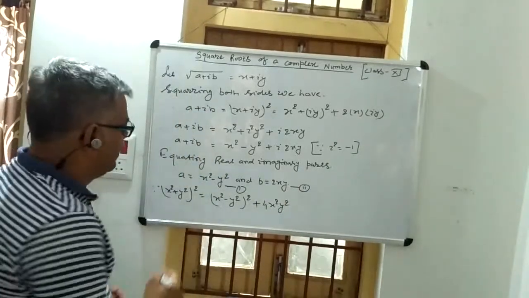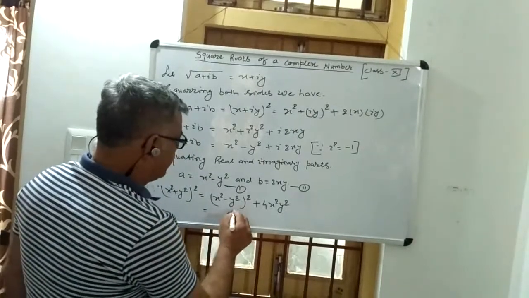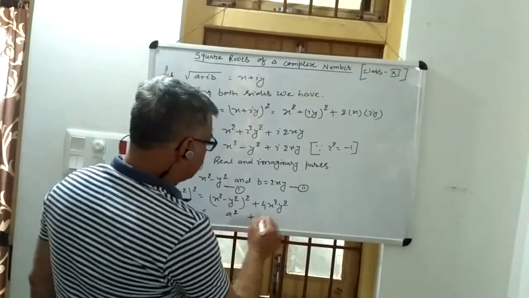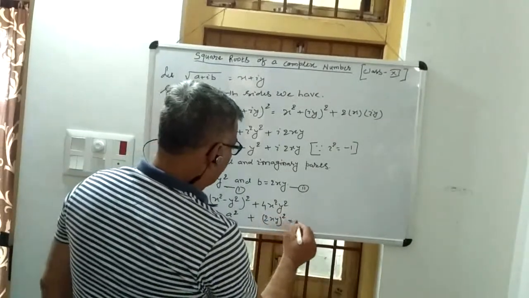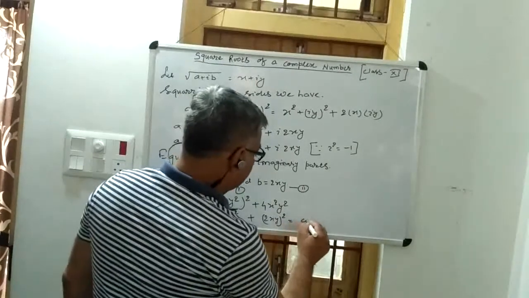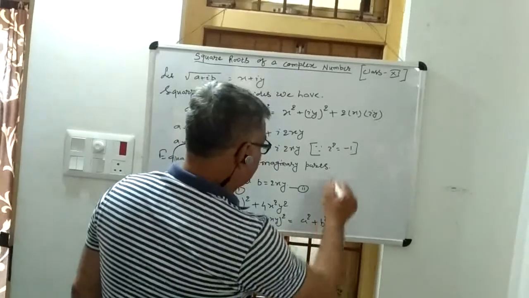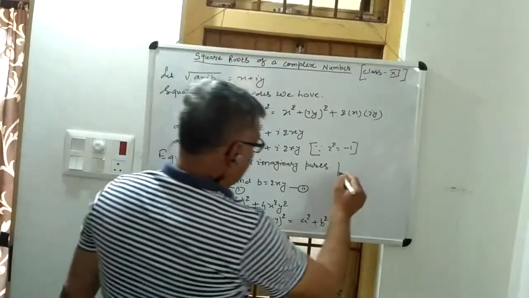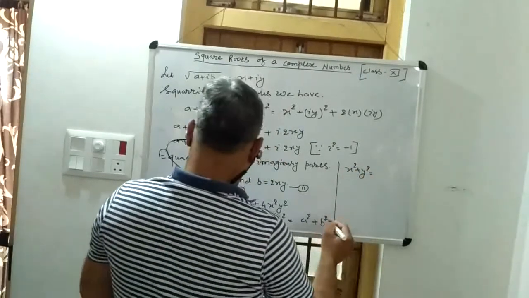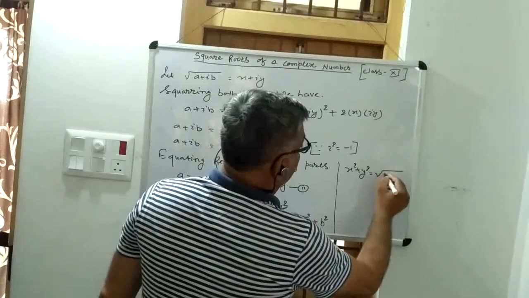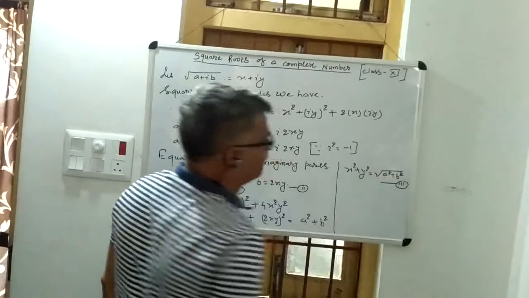So on this formula we have the value of x square minus y square equals a. So it will be a square plus (2xy) whole square, which can be written as a square plus b square. So here we have x square plus y square equals under root a square plus b square, and suppose this is our equation number 3.